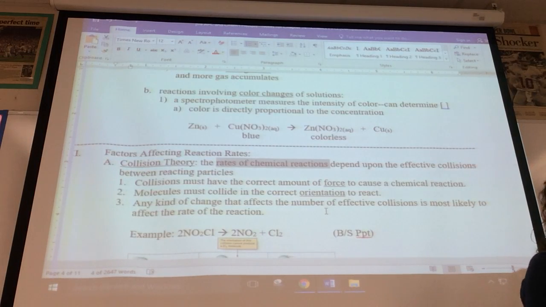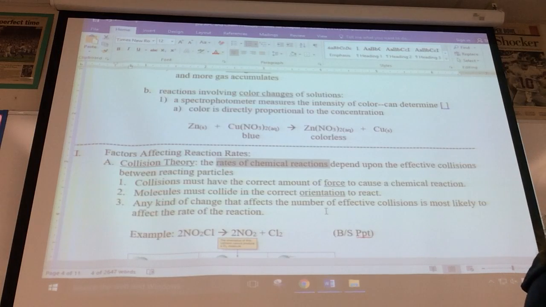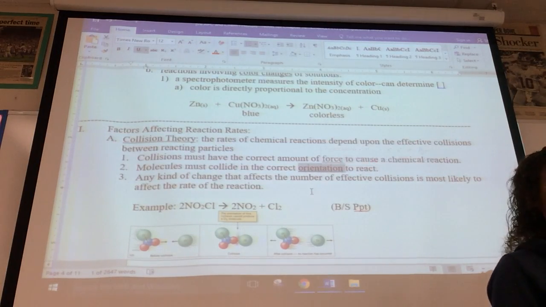But in any event, your head and his elbow had to be oriented in such a fashion that it was just a perfect little hit. Poor you. I'm sure he was fine. Did he break his elbow? Nope, see, it was an effective collision for him. Well, maybe it was, but no. In any event, force and orientation, critically important.